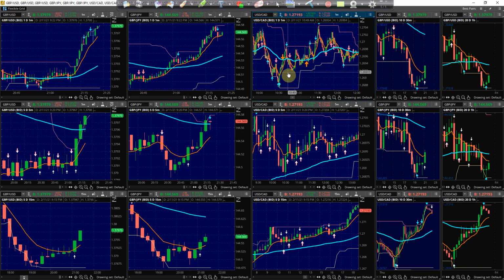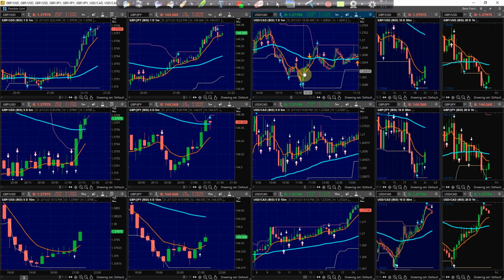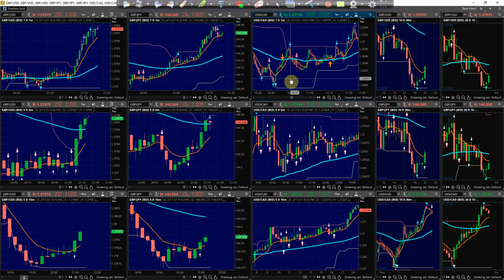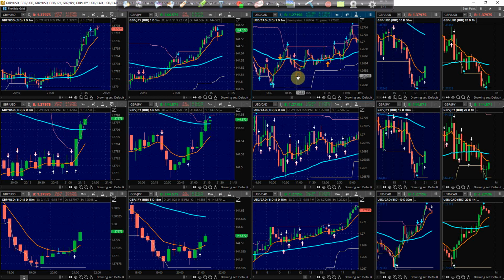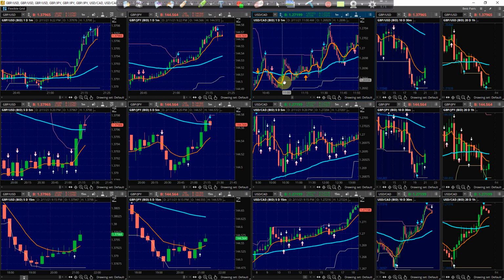So here we go. We're going to go to 10:45, and what do we see? 10:45 is over here. Here's what you're looking for on the 1-minute chart. Number one, it needs to be trending up. This only counts if it's trending up, which means the orange line needs to be above the blue line.